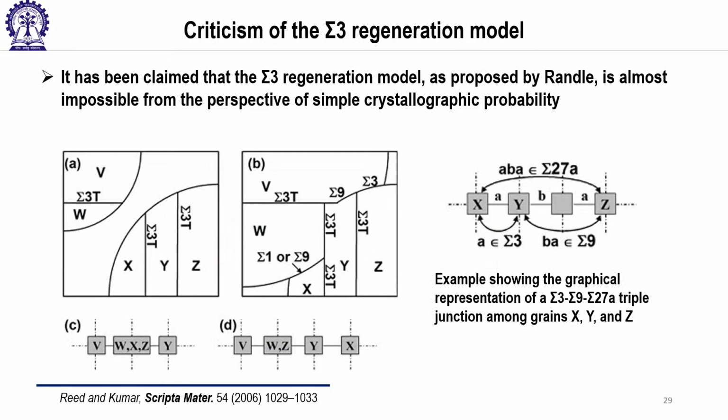But later on people found that there are a lot of issues with this model, because crystallographically it is not robustly designed, meaning the probability of sigma 3 from one grain interacting with another grain is very, very low. So although it appears to be correct, crystallographically it is not very sound, okay.